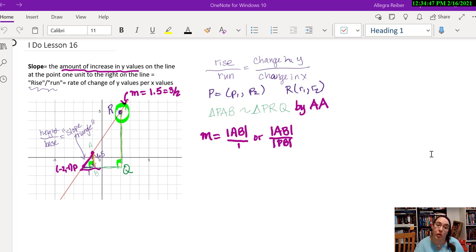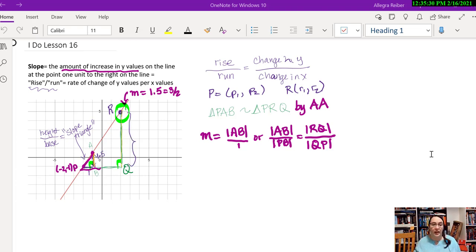I also know that my bigger triangle, triangle PRQ, has the same ratio of base to side. That equals the length of RQ divided by the length of QP, or PQ. Now, let's figure out how we could find both of those lengths, because I know AB and PB is just the number M. So what is RQ divided by QP?